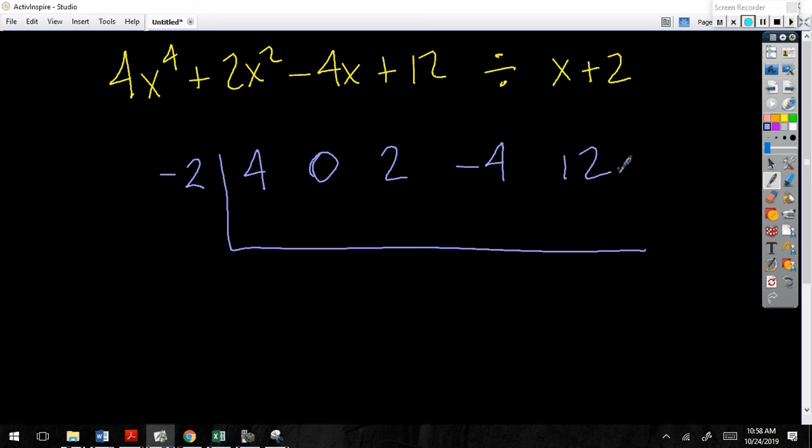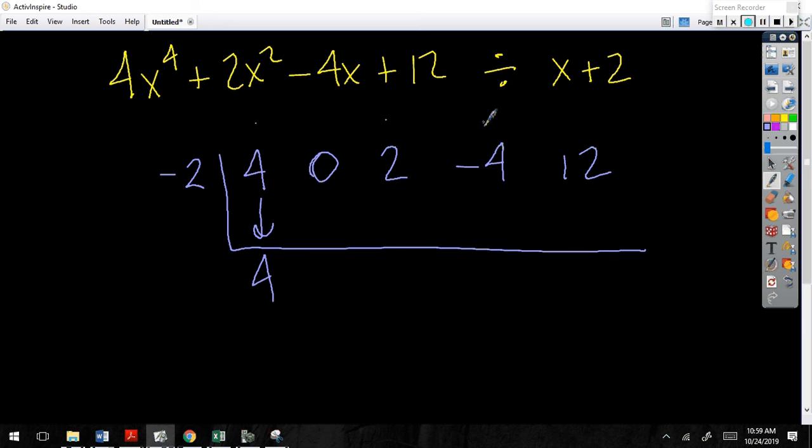All right, y'all ready? Drop down the first one. Multiply. No, the 0 has to come first because this is powers of 4, 3, 2, 1. All right.